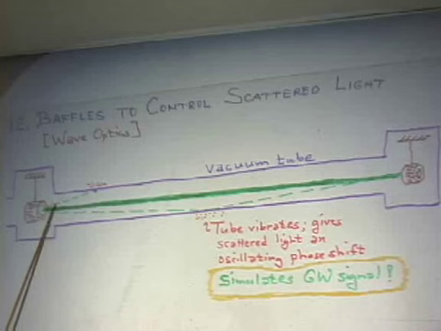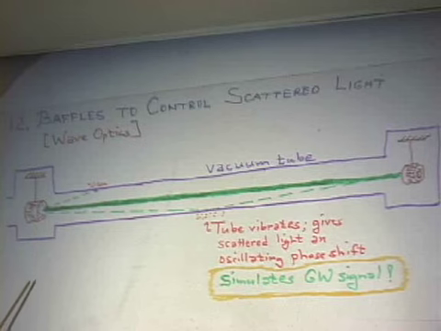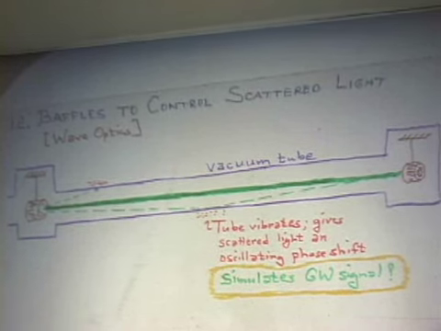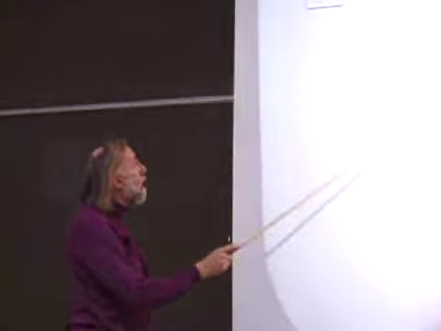Every time the light beam reflects off this corner mirror or the end mirror, there is a very small amount of scattering. Basically, the probability for a photon to scatter is of order 10 to the minus 6 or 10 to the minus 7. But that turns out to be enough scattering to be a serious potential problem.